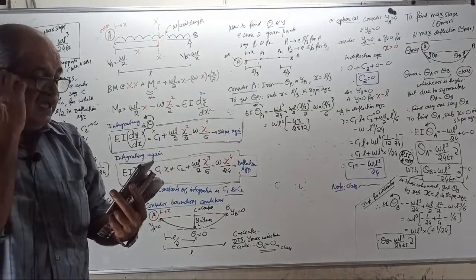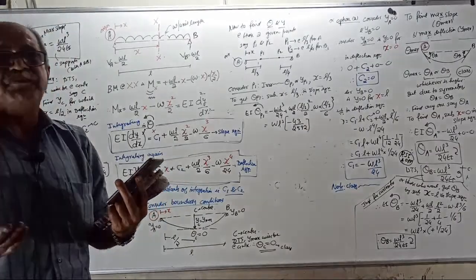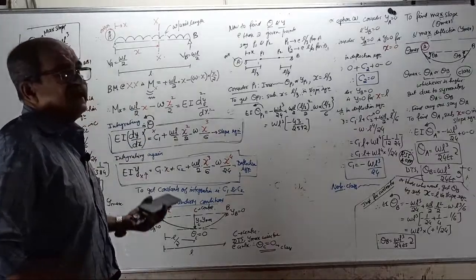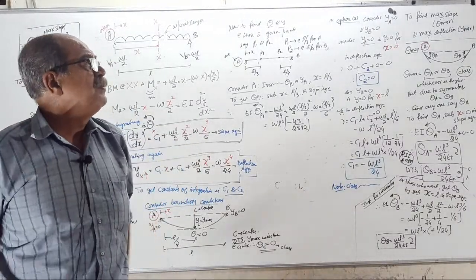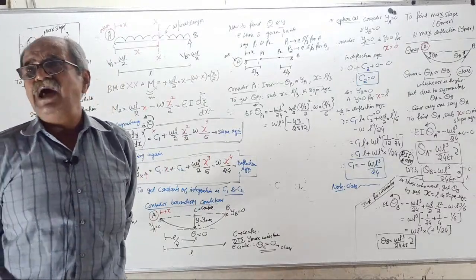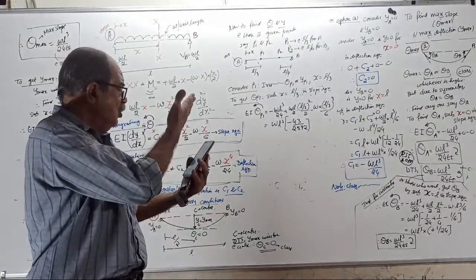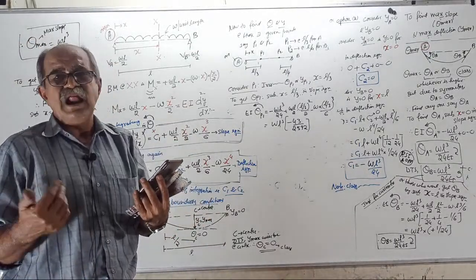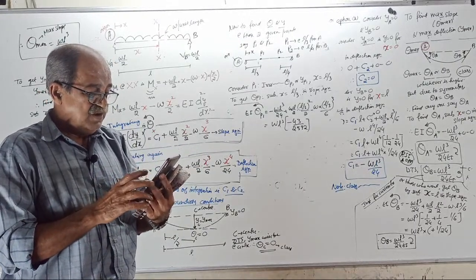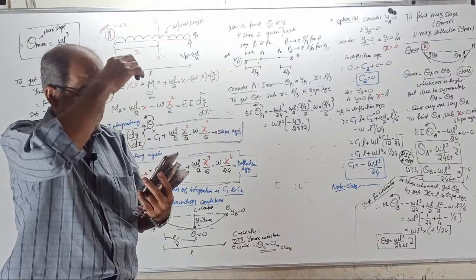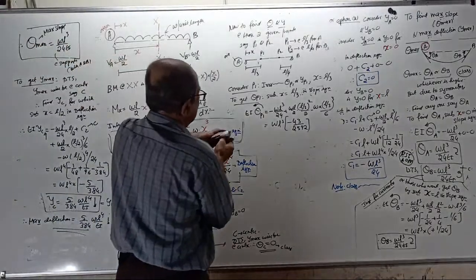Maximum slope and maximum deflection are standard values, I know them: maximum slope WL cube by 24 EI, maximum deflection 5 by 384 WL power 4 by EI. This is an extra question. You have to answer. Correct. Okay, now present the answer.